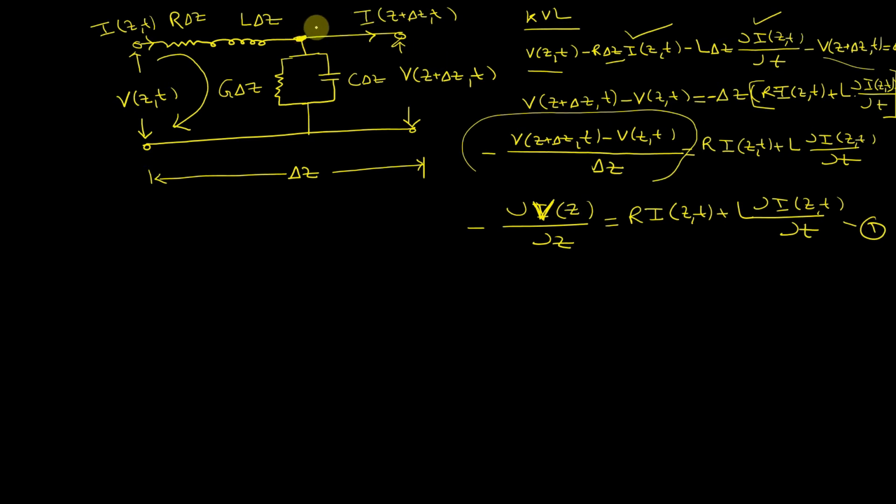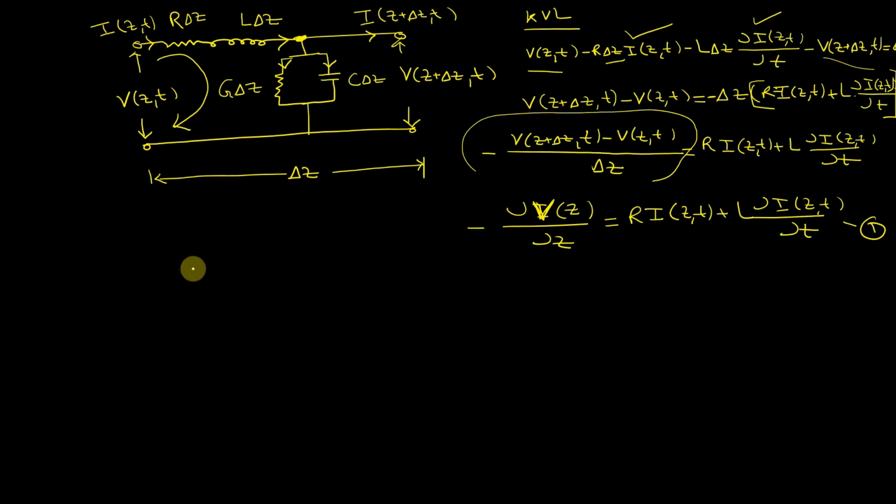Now apply KCL at this node, Kirchhoff's current law. The incoming current is I(z,t), and there are two outgoing currents here and one more outgoing current. The algebraic sum of all the currents will be equal to 0.